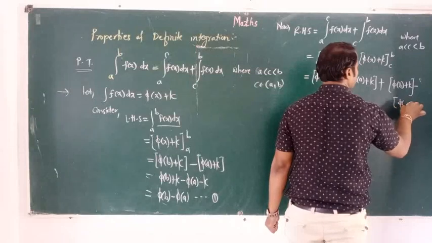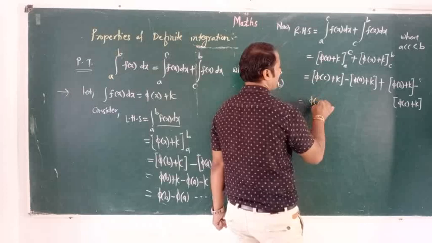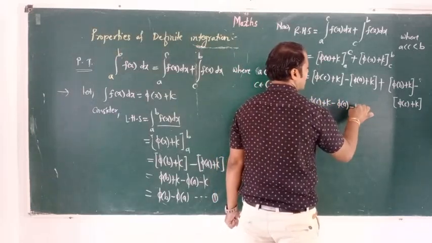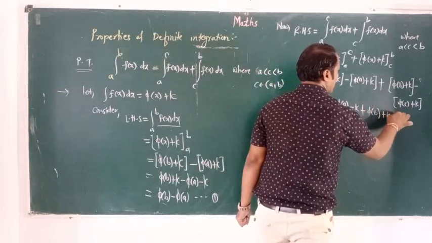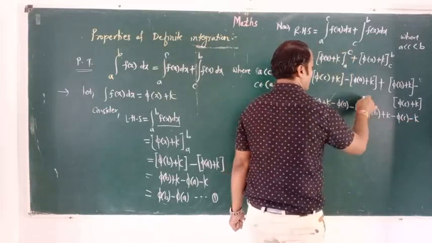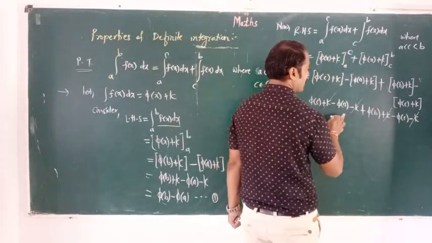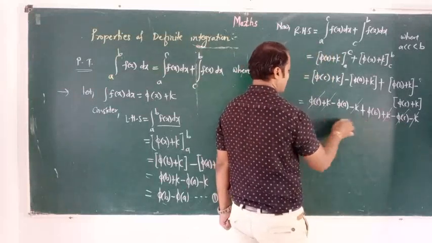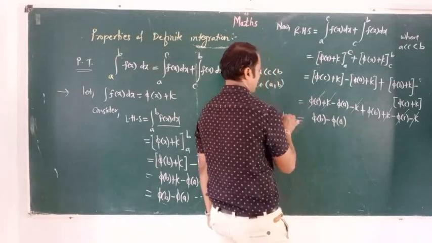C. Phi of C plus K. After simplification I can write phi of C plus K minus phi of A minus K plus phi of B plus K minus phi of C minus K. The K terms get cancelled, and phi of C minus phi of C gets cancelled. What's remaining here? Phi of B minus phi of A.